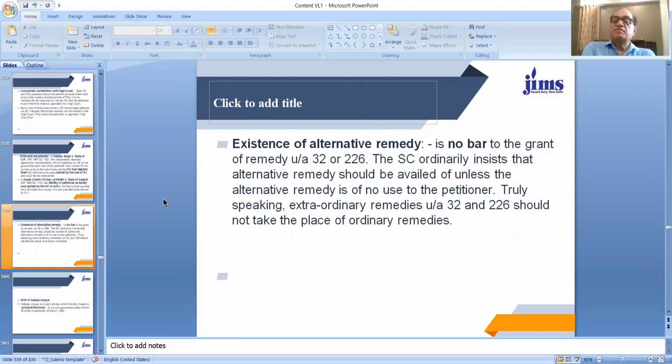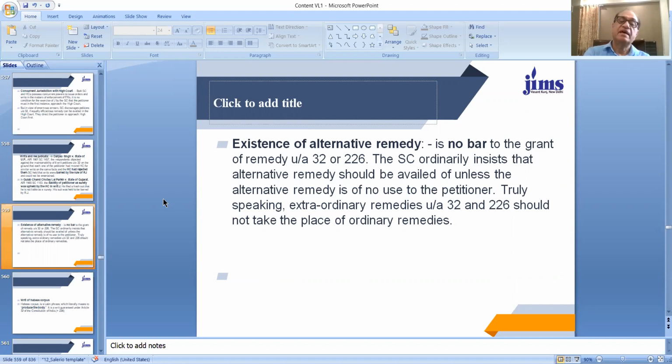And dear students, sometimes the courts take the view that you have the existence of an alternative remedy. But having an alternative remedy is no bar to the grant of remedy under Article 32 or 226. The Supreme Court ordinarily insists that the alternative remedy should be availed of unless the alternative remedy is of no use to the petitioner.